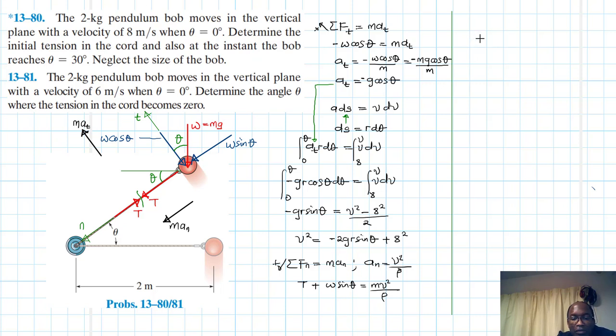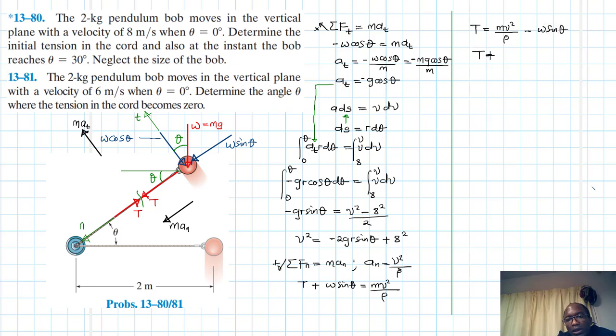What do we have? So our T therefore will just be equal to m v squared divided by rho minus W sine theta.